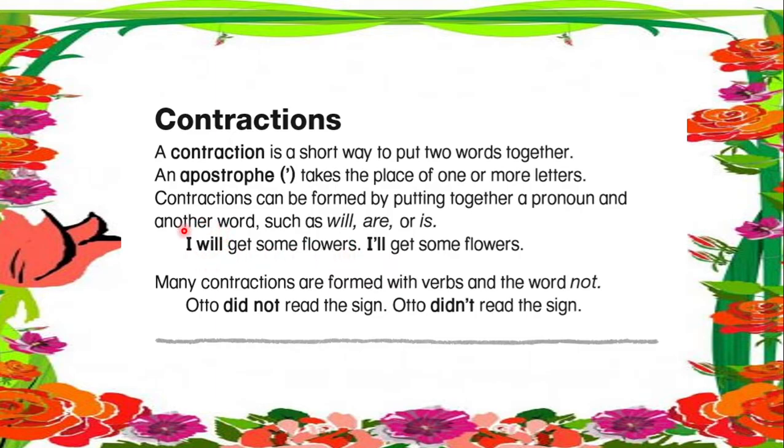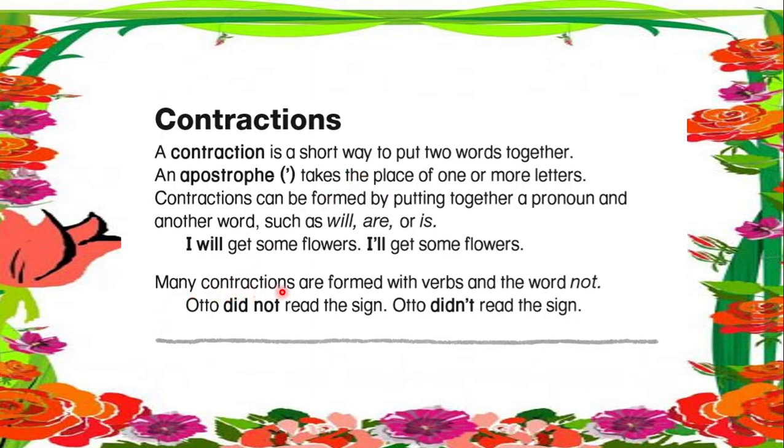How can I make or form a contraction between these two words? I remove the W and I and put the apostrophe. So it becomes I'll. It becomes one word. So the whole point of contractions is making two words one. You shorten these two words.